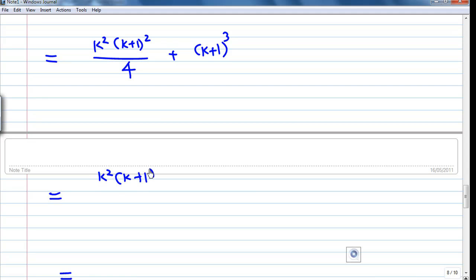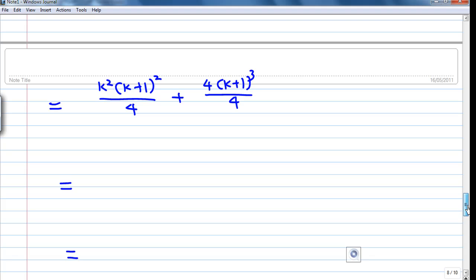So k squared times k plus 1 squared over 4 plus 4 times k plus 1 cubed over 4. Now they have the same denominator. You can add them up: over 4, k squared times k plus 1 squared plus 4 times k plus 1 cubed.